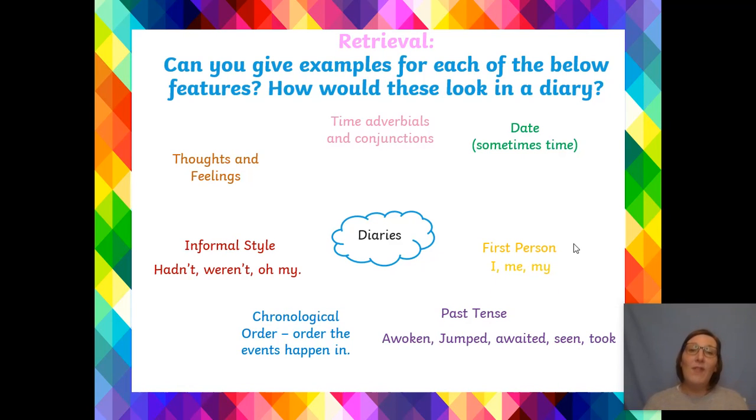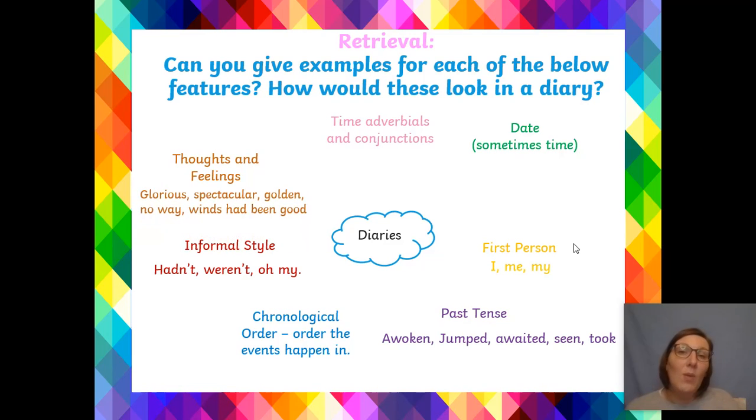And then we've also got first person. Remember, you are the author, you are the writer. Therefore, you need to write about yourself. I, me, my. It's your diary. You're not writing about somebody else. You are writing about yourself. So we need to make sure that we are writing in first person. Then also, we need to include our thoughts and our feelings.